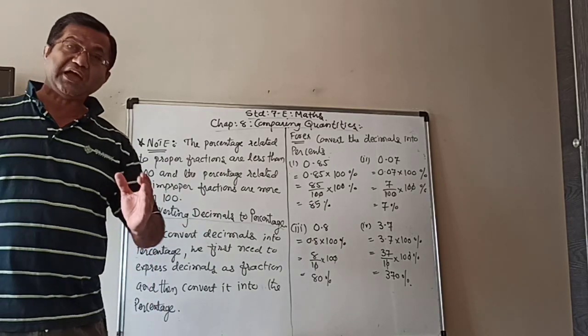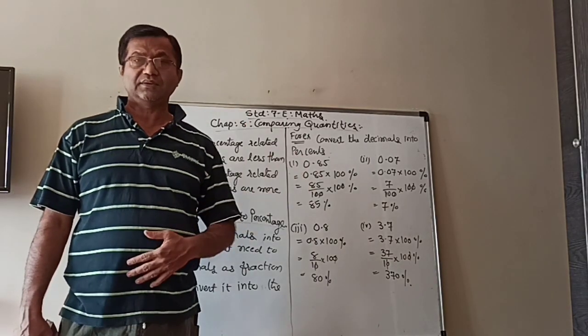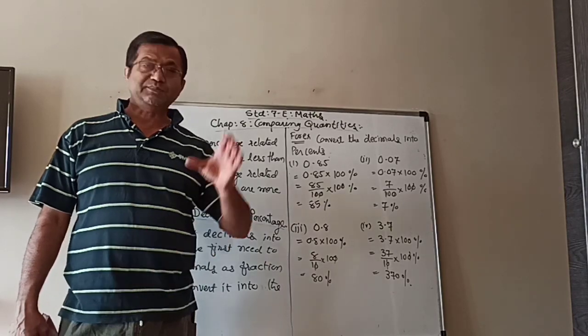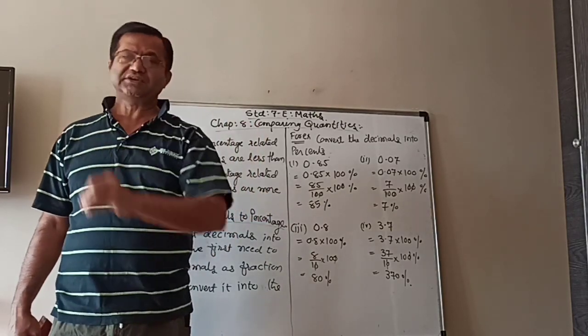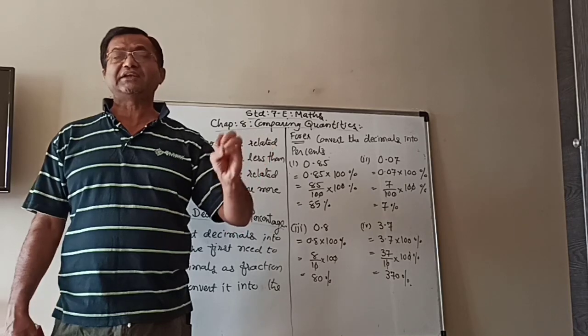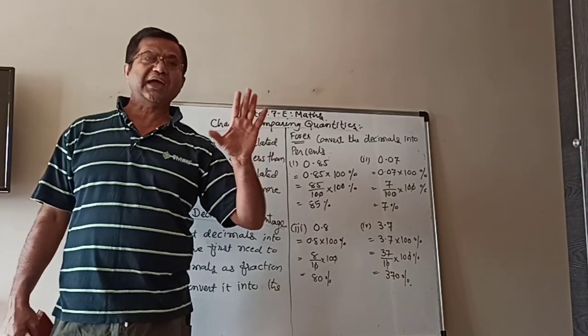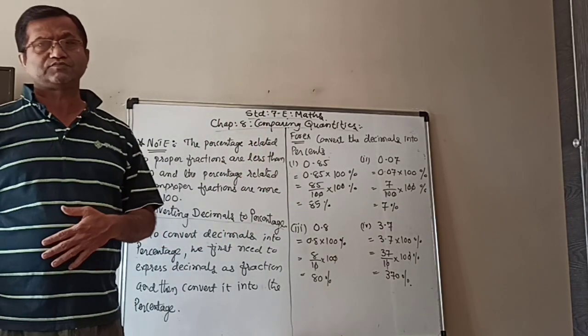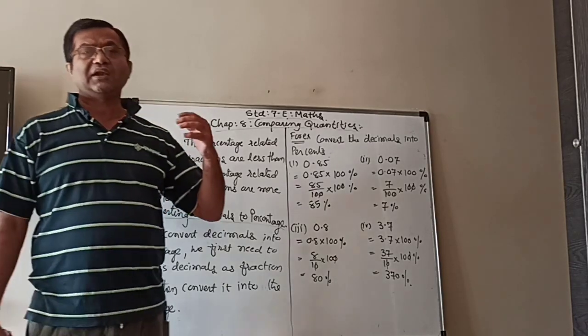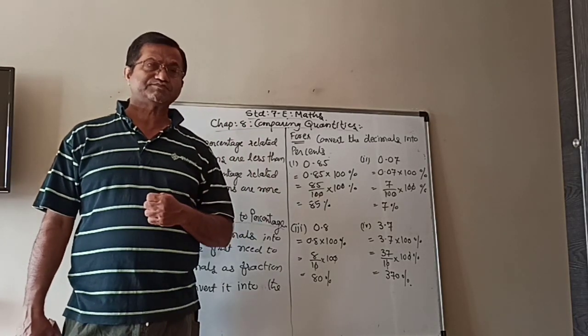But then I explained another method: multiply the fraction by 100% and then simplify. That is the best shortcut and the easiest method also. So generally we will use that method only.